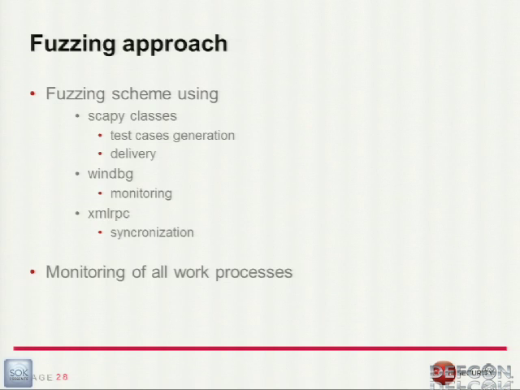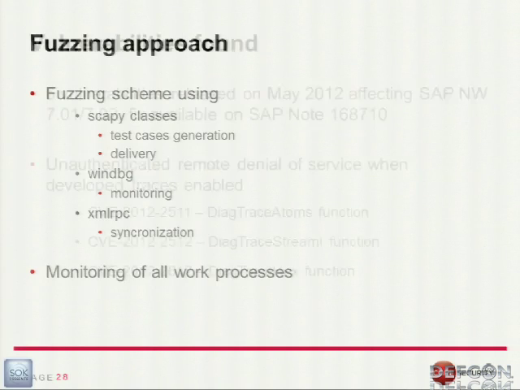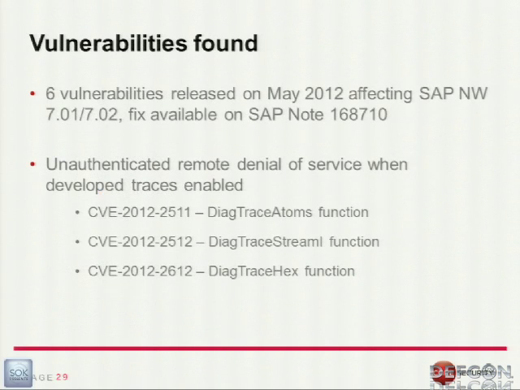And the only thing you have to take into account if you are fuzzing an application server is that you have to monitor all the work processes at the same time, because you don't know which of the work processes are handling your request. So using this approach and some manual tests, I found 6 vulnerabilities on the SAP application server.